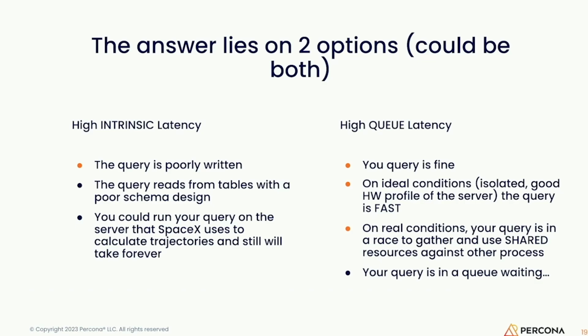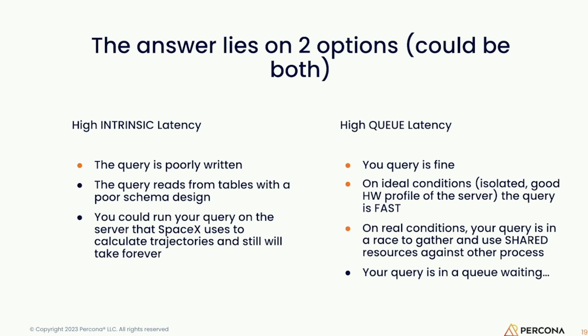So why can a query be slow? It could be by two options. It could be both options at the same time, but usually it's one or the other. So we have to talk about two types of latency: the intrinsic one and the queue latency.